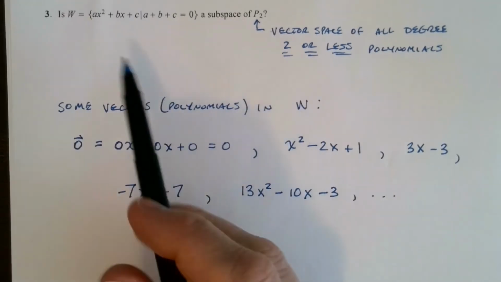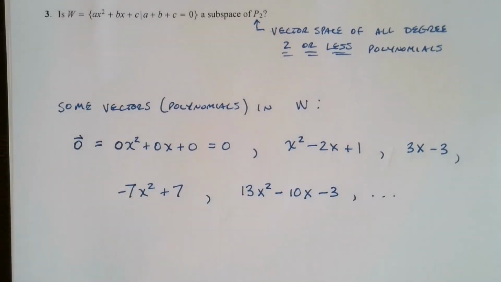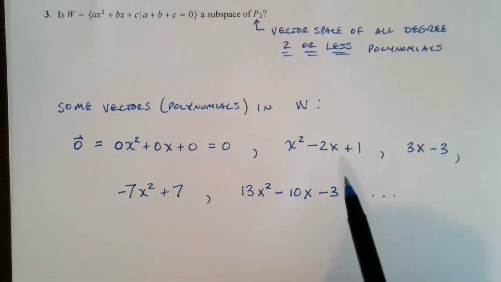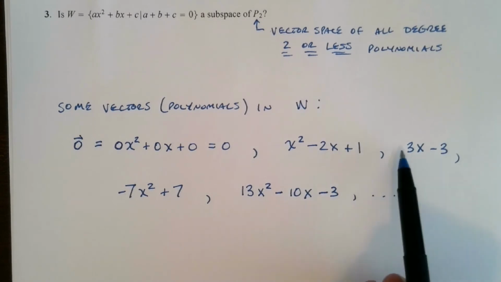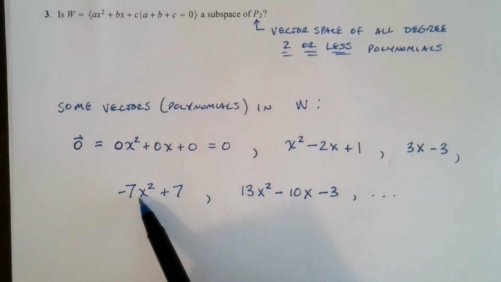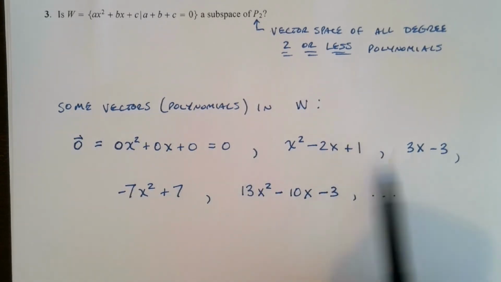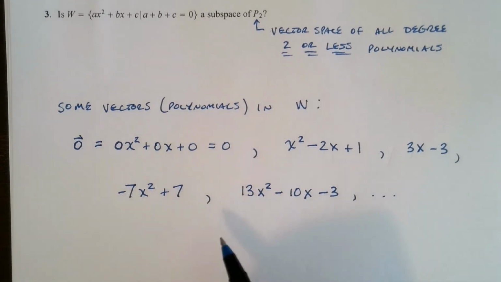Is that polynomial in this set? X squared is 1 coefficient, plus x is 1, minus 2, 1 plus 1 plus negative 2 is 0. So that's in that set. Okay? Well, what if I add this one and this one together? What do we get? Negative 7x squared plus 3x plus 4, since 7 and negative 3 is 4.